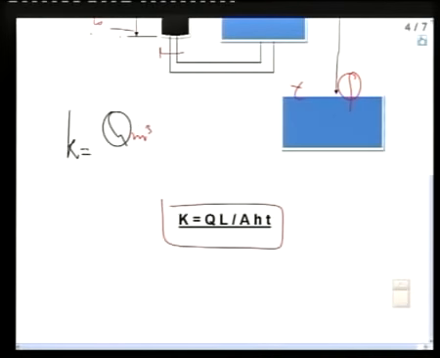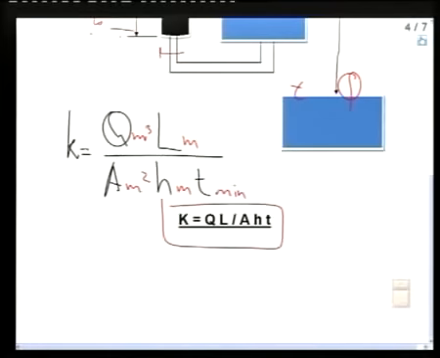Q in meter cubic, or whatever volume, multiplied by L, meter, divided by A, meter square, divided by H, meter, right? Divided by T, minute or seconds, okay? Let us take minute.